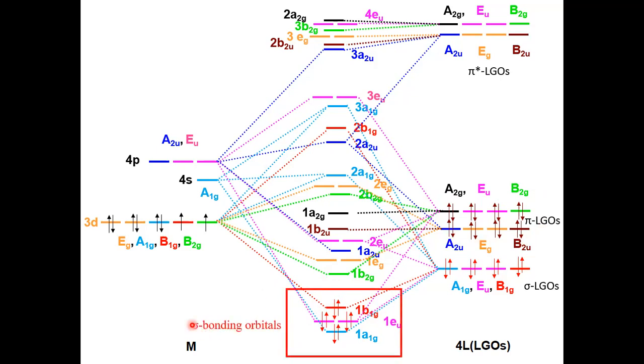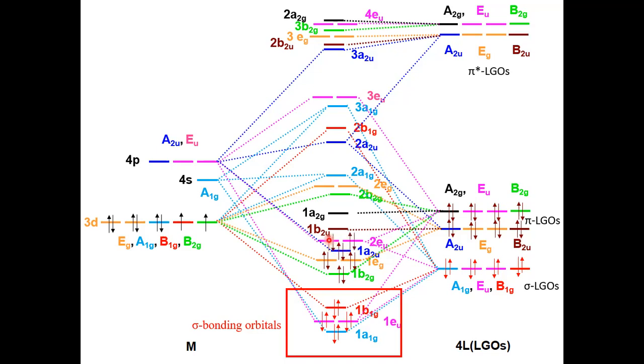These ones we can call the sigma bonding molecular orbitals. So that fills this one, this one, this one. We have spent 6 of the overall 8. Then this one, and we have spent 8.